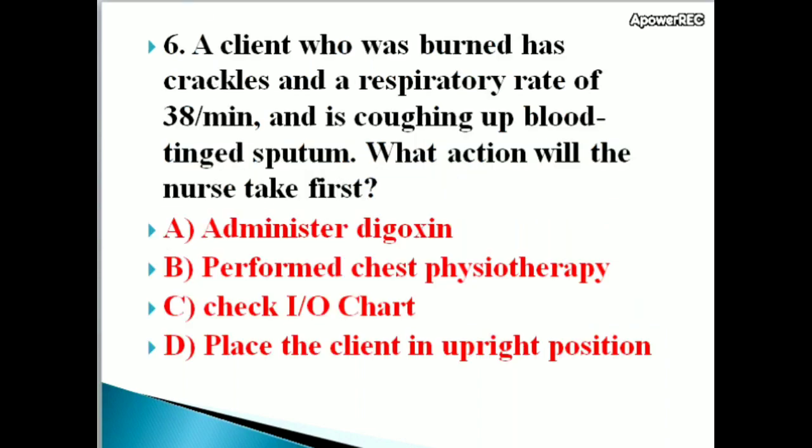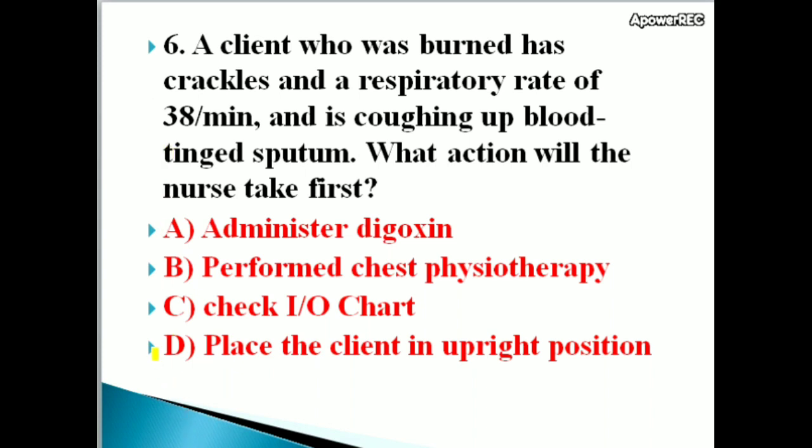Next question. A client who was burned has crackles and a respiratory rate of 38 per minute and is coughing up blood-tinged sputum. What action will the nurse take first? Options: administer digoxin, perform chest physiotherapy, check input-output chart, place the client in upright position.